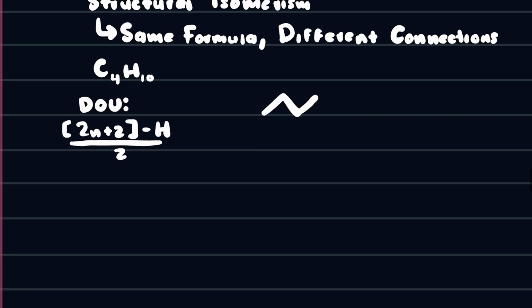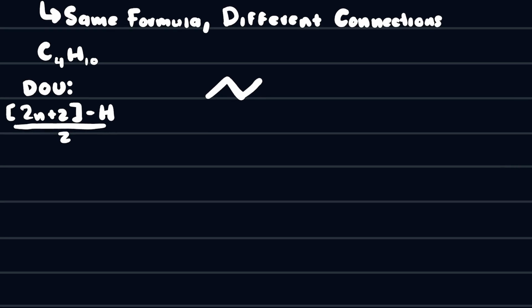So, we have 2 external carbons. Each external carbon always has 3 hydrogens. And we have 2 internal carbons, which each has 2 hydrogens. So that means in the internal carbons, there's 4 total hydrogens. External, there's 6. So that means there's 10 hydrogens in this structure right here, which matches up with butane.